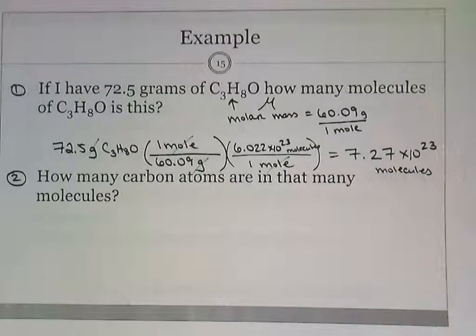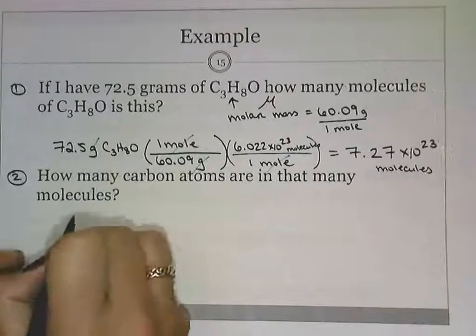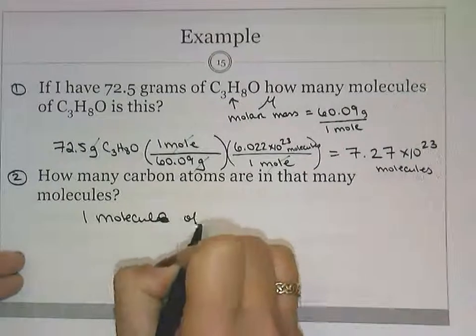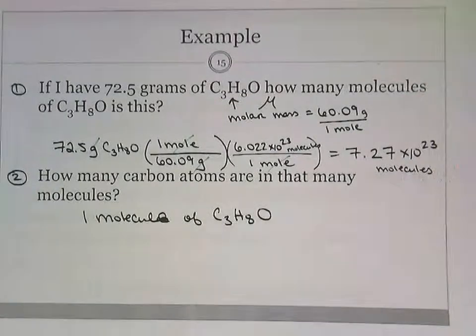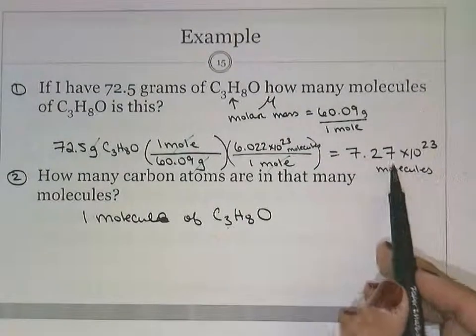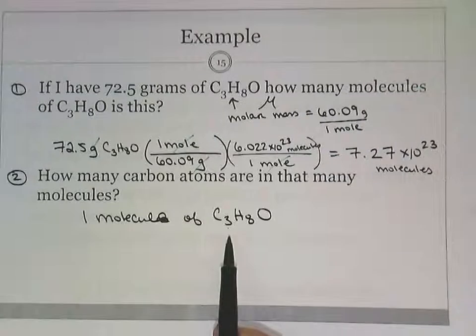The second part is how many carbon atoms are in that many molecules. So, if I have C3H8O, I have one molecule of that. How many carbons are in that? 3. How many hydrogens? How many oxygens? 1. So within one molecule, I have 3 carbons. If I have that many molecules, how do I figure out how many carbon atoms are in this pile? Multiply by 3.